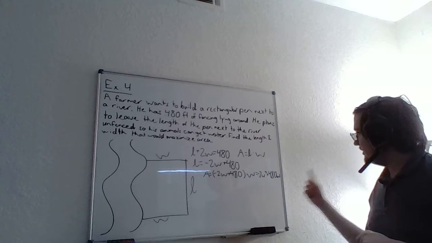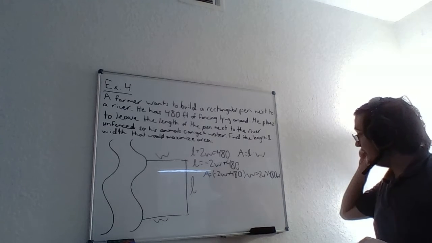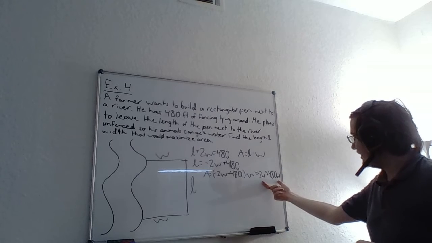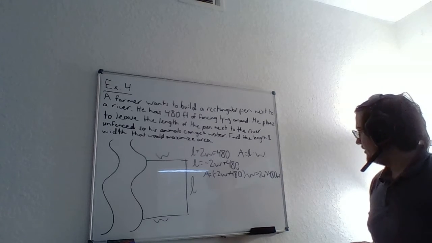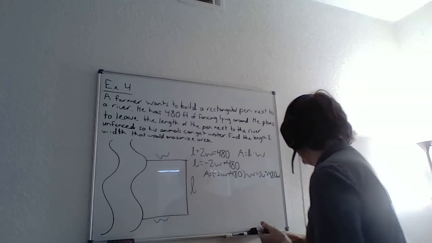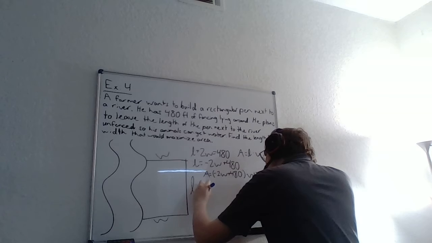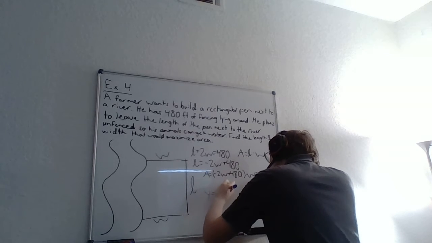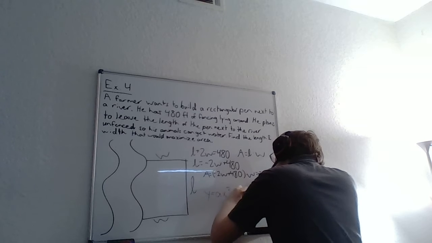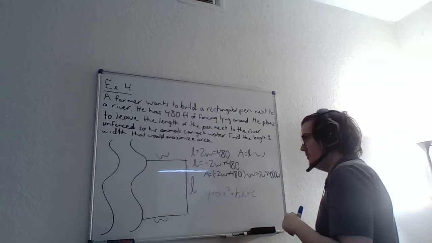If we look closely at that expression for area, what we'll notice is that this is just the formula for a parabola, right? So what I mean by that is if you had y equals ax squared plus bx plus c, this here would be a parabola.